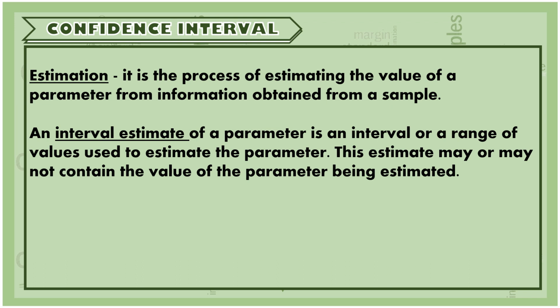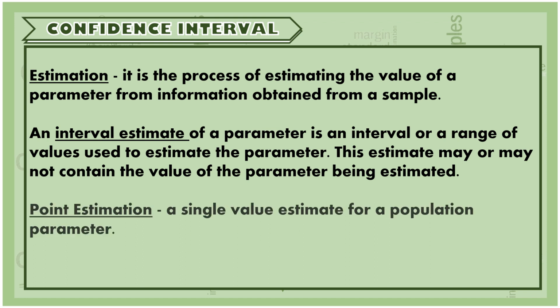This estimate may or may not contain the value of parameter being estimated. Point estimation is a single value estimate for a population parameter, meaning the best unbiased point estimate for the population mean is the sample mean.